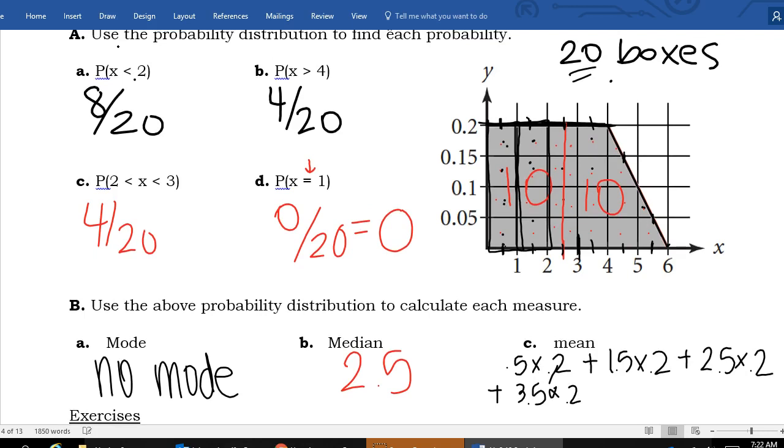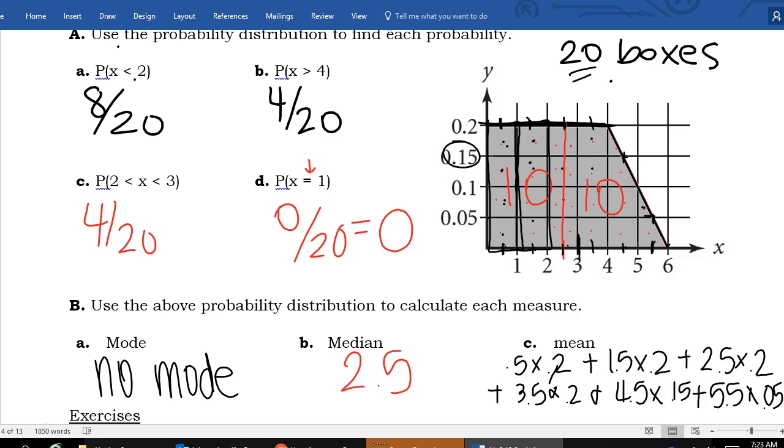That was my 1, 2, 3, fourth column. My fifth column now is 4.5 times, now the height here is actually 0.15. Plus, my last column is midpoint 5.5 times height 0.05.